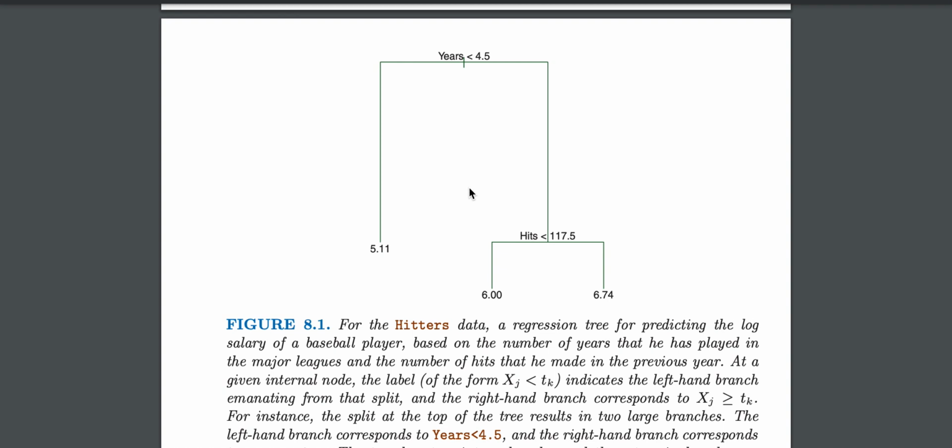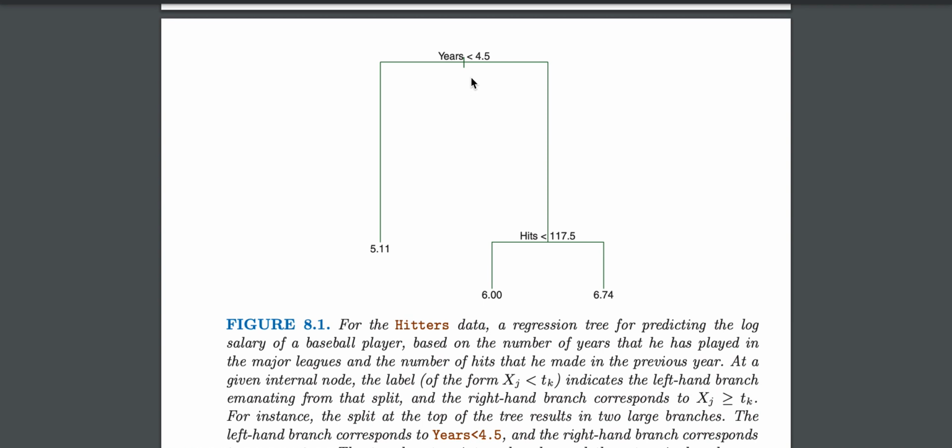So this figure shows a regression tree fit to this data, and it involves splitting rules, where at the top we split the players into those who have played in the major leagues less than 4.5 years and more than 4.5 years.